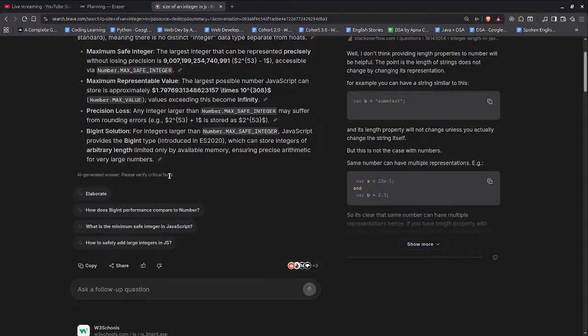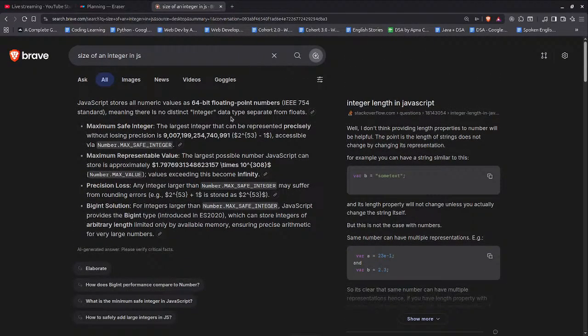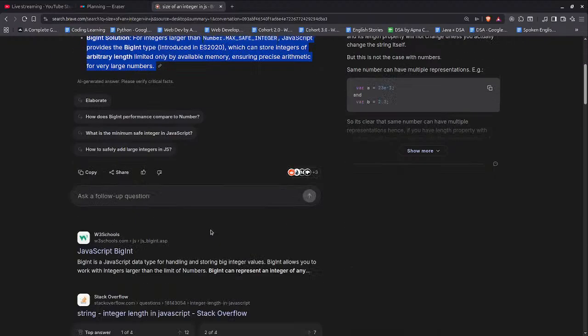JavaScript stores all numeric values as a 64-bit floating point, meaning there are no distinct integer data types separate from floats. The largest safe integer that it can store is this, the minimum can be this. Precision, okay.